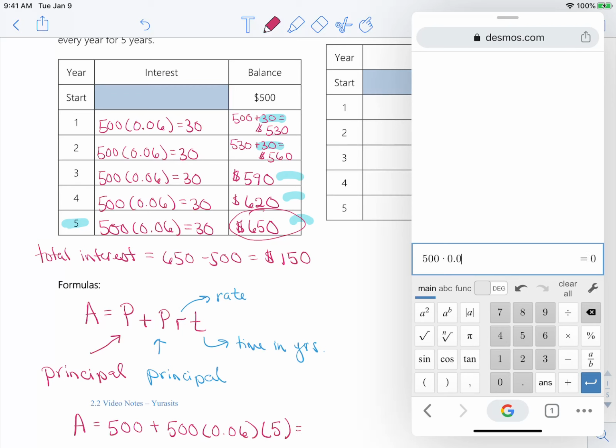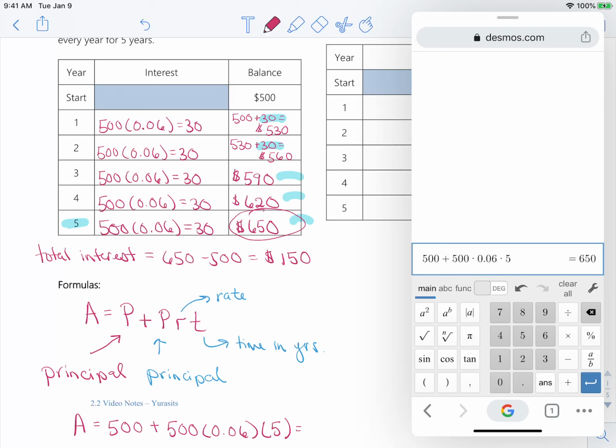So if I go to my Desmos, 500 plus 500 times 0.06 times 5, we get $650.